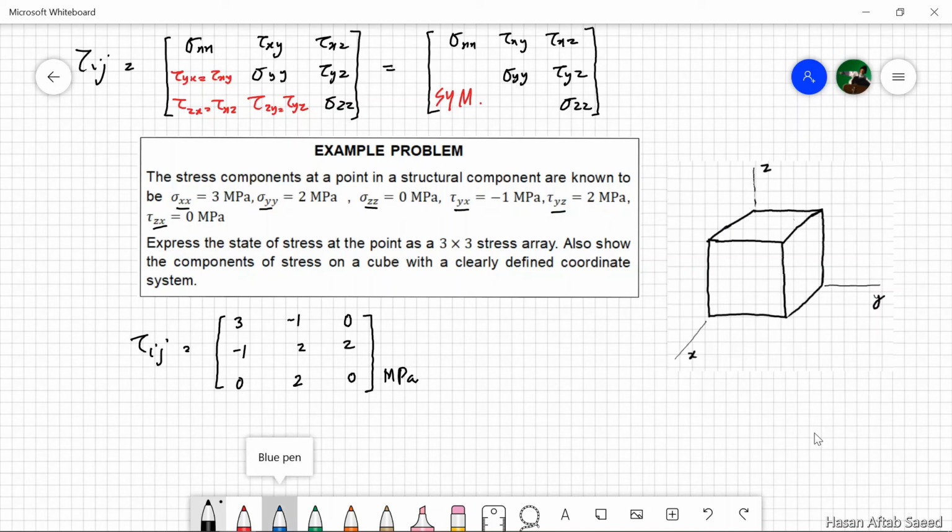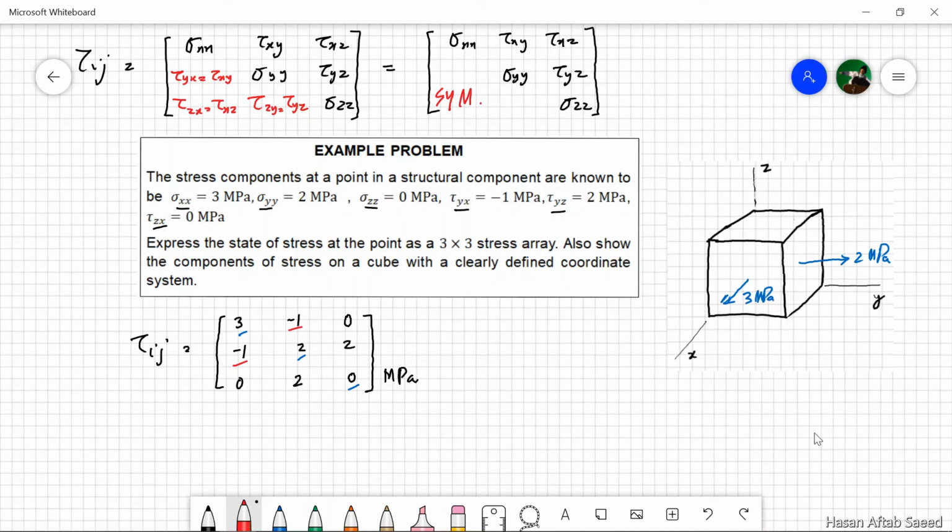First take up the normal stress components. Sigma x is 3 megapascals. Sigma y is 2 megapascals. Sigma z is 0, no need to show that. Now we take up the shear components, tau xy or tau yx. They're always the same and they have negative signs.